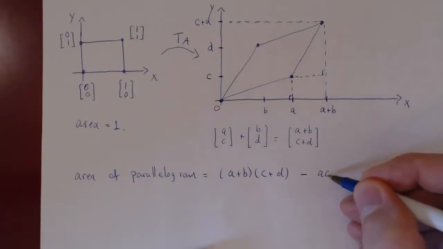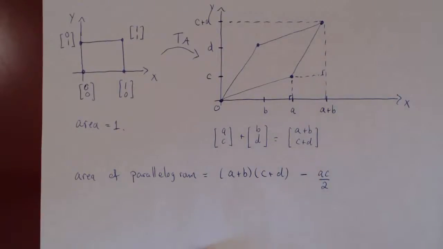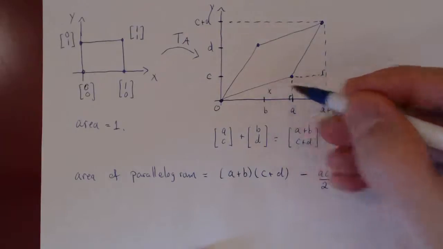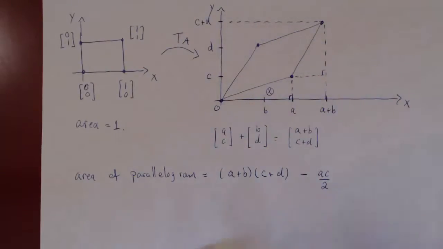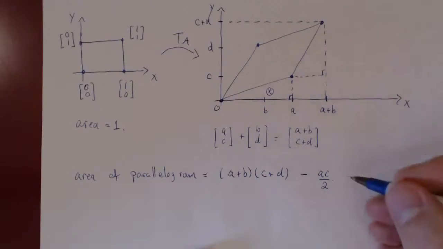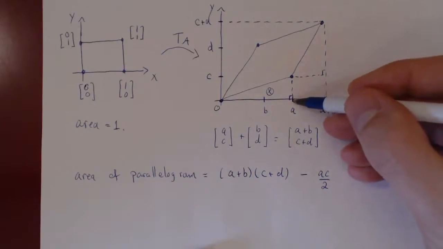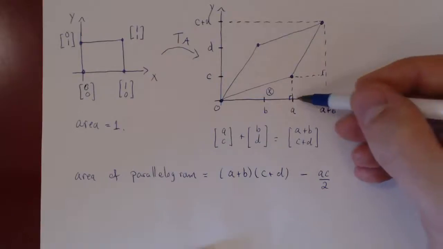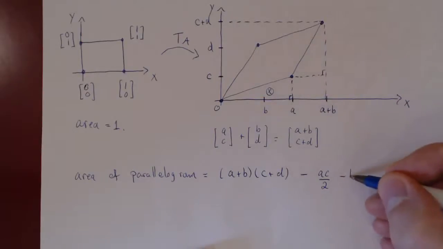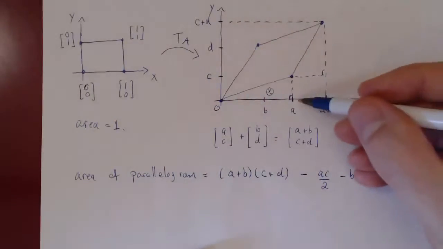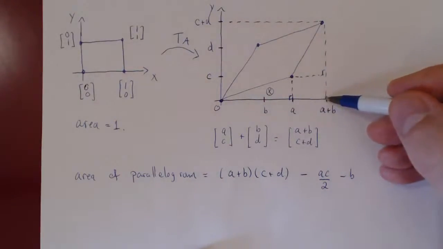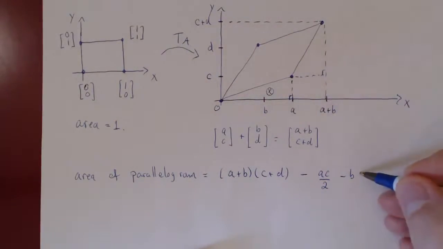That's AC over 2. So we have removed the area of this triangle. What's the area of the rectangle now? Well, the point here is A, the point here is A plus B, so the length is B, times the height is C. So we get minus BC.